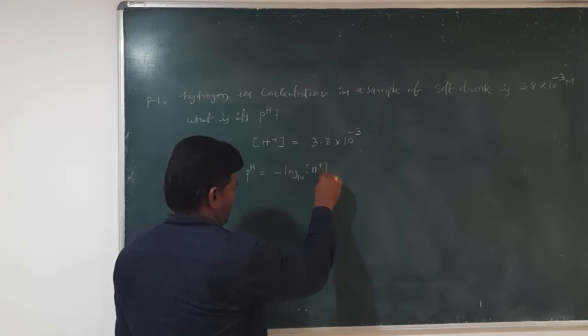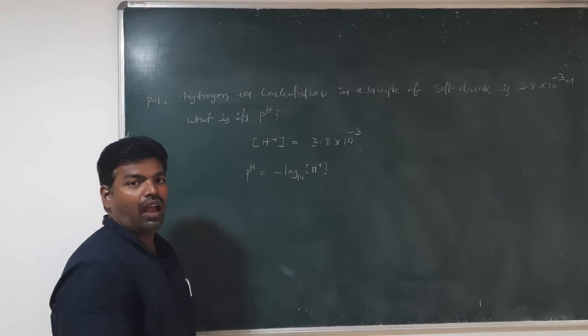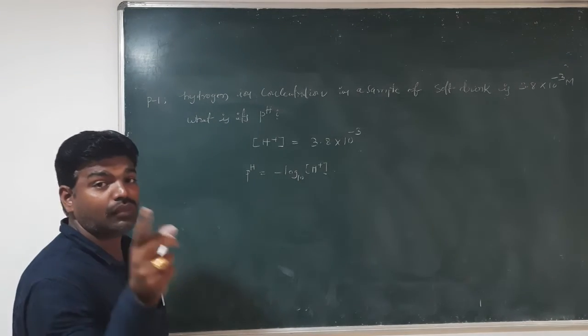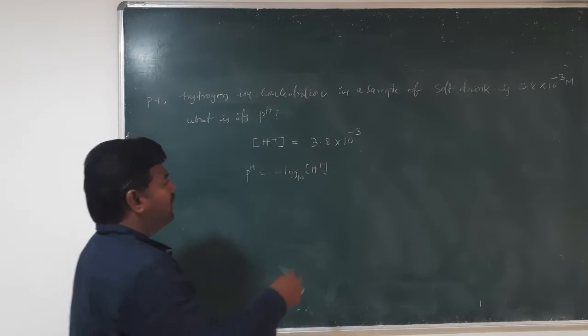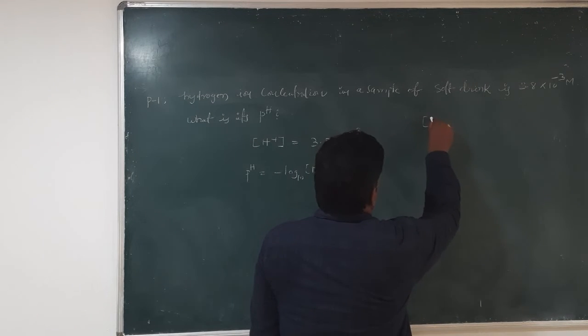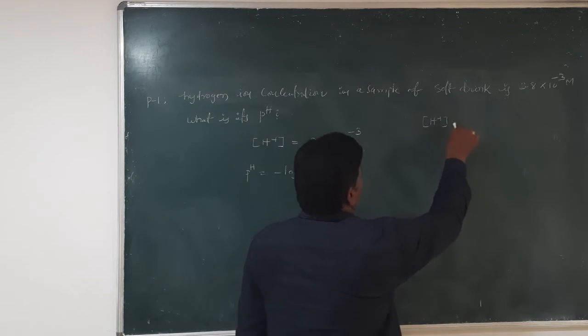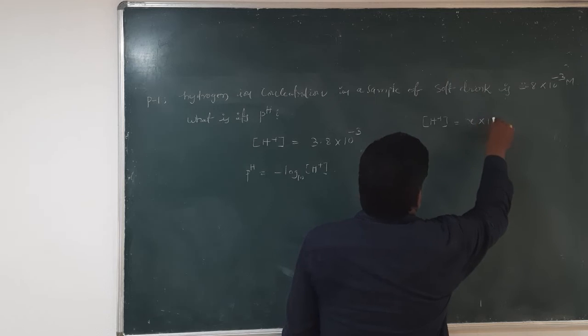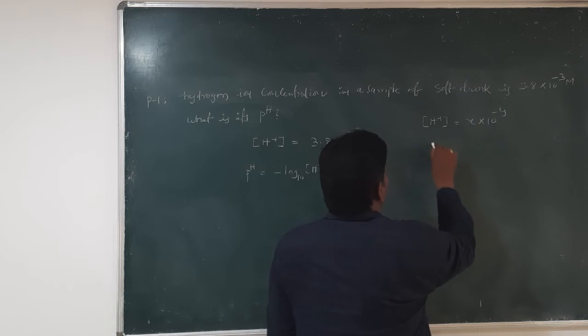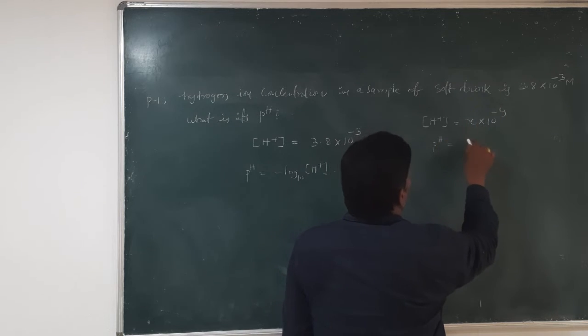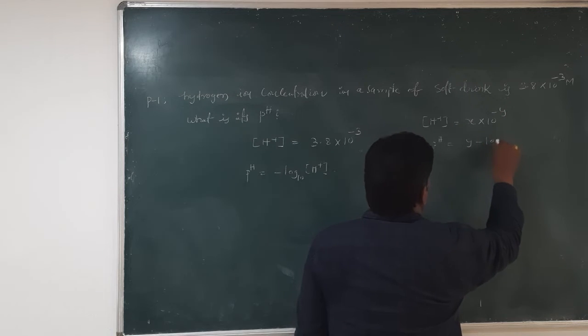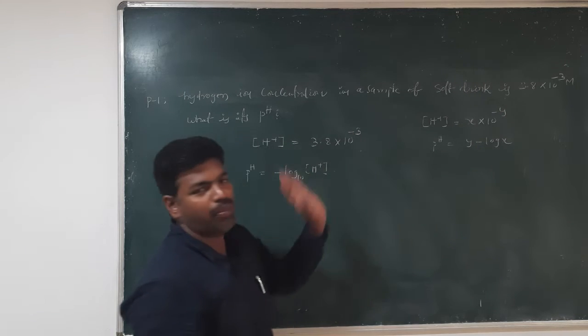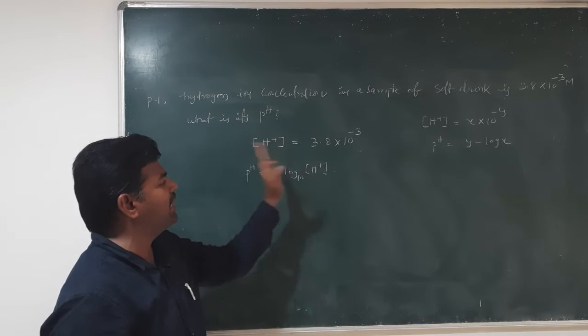And we know that if concentration of H plus ions is x into 10 power minus y, then pH is equal to y minus log x. Same formula, we can apply here.